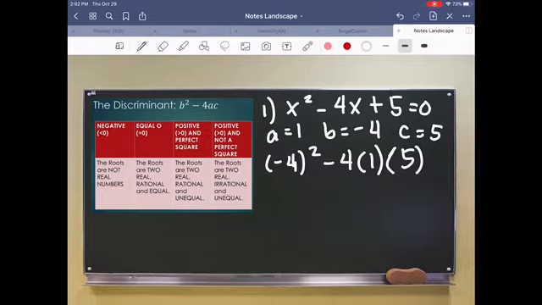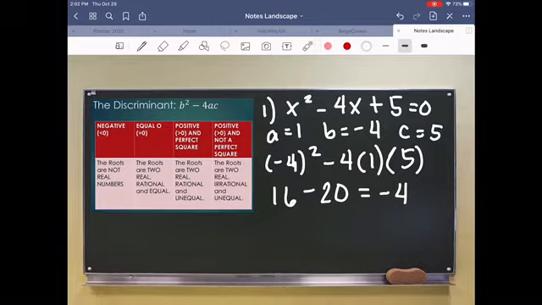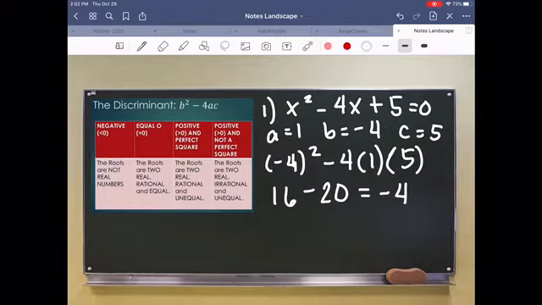Okay, so negative 4 squared is 16, minus 4 times 1 times 5 is 20. Diba? Okay, so 16 minus 20 equals negative 4. So the value of the discriminant is negative 4.